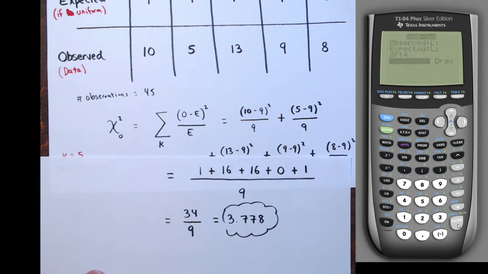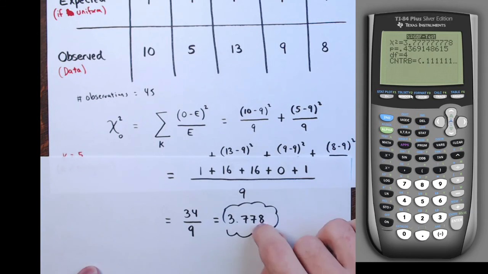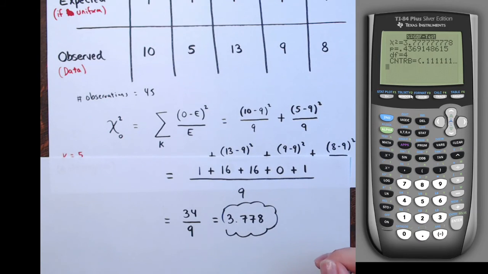And then I go calculate, and you see that at the very top, chi-squared is 3.7778. It gives you the test statistic. And then below that, it also gives you the p-value, which will be the area to the right under the chi-squared curve of the test statistic. But again, that's not important to us right now. We're only looking for the test statistic.